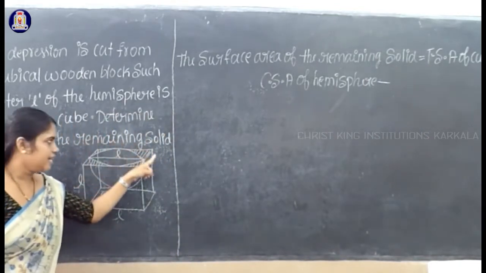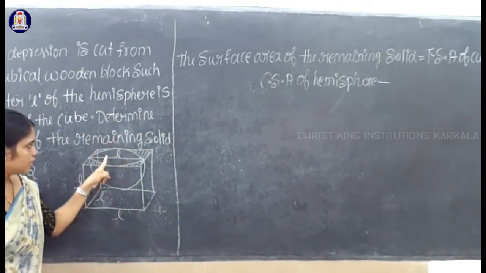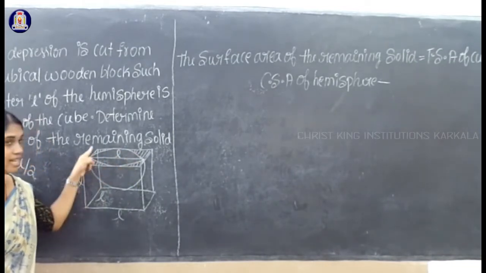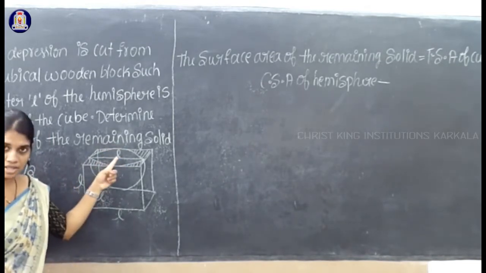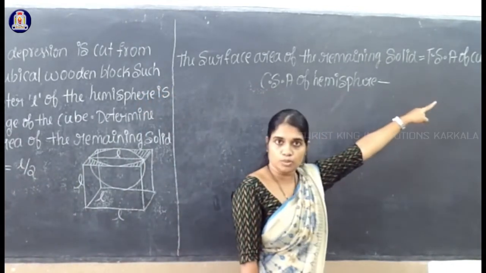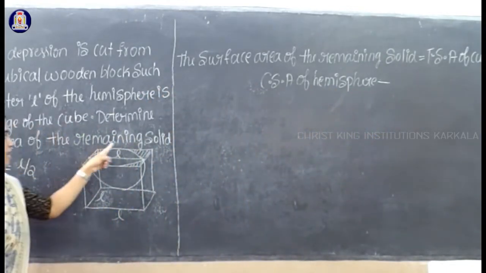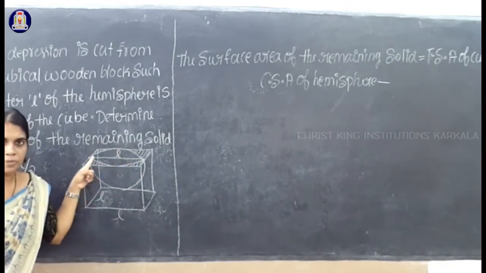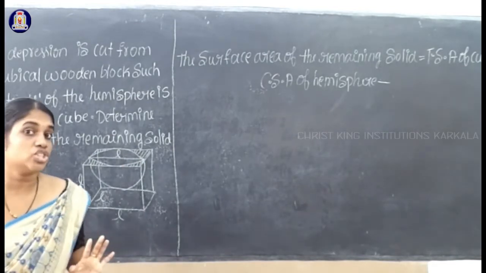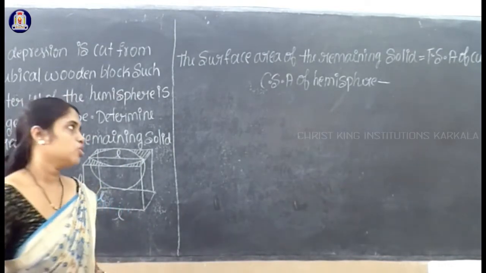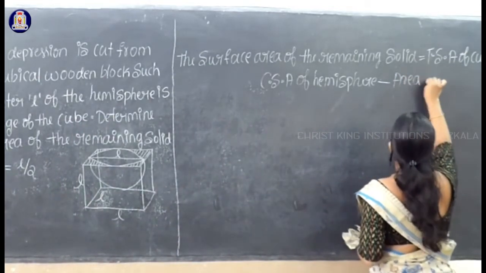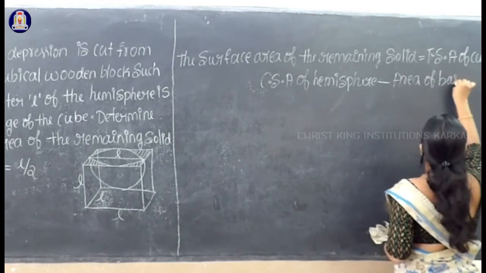While taking the TSA of the hemisphere, this circular area was also counted, but actually this circular area is cut out. So I want to remove this area from the TSA of the cube. This circular area is the base of the hemisphere. The base of the hemisphere is a circle. So minus area of base of hemisphere.